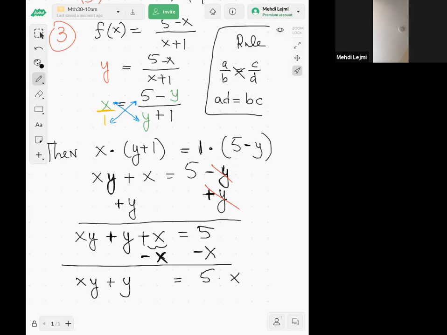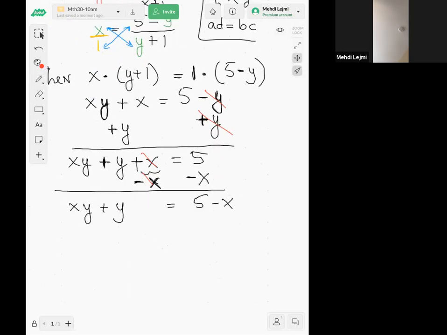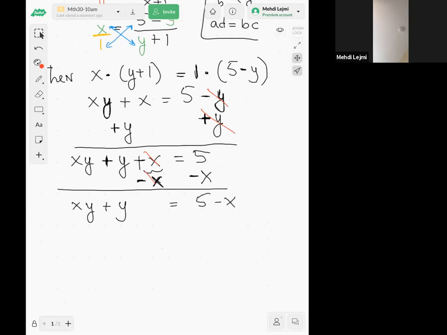All right, so why am I doing this? It's because once you have all the Y's on the same side, on the left side, you can factor out Y, because Y is a common factor.